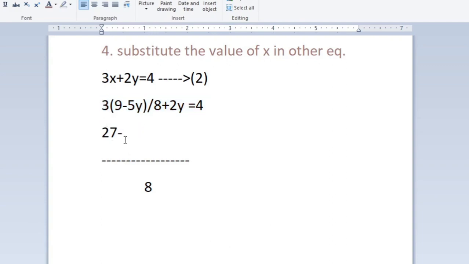It becomes 15y plus, here there is no denominator. That means we have 1. 1 is increased by 8 times. Therefore the numerator also increased by 8 times. That means 8 twos are 16y is equal to 4.